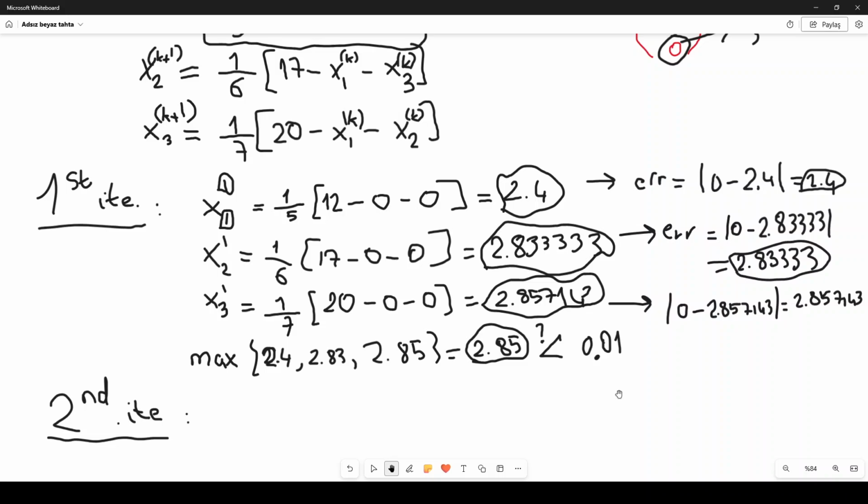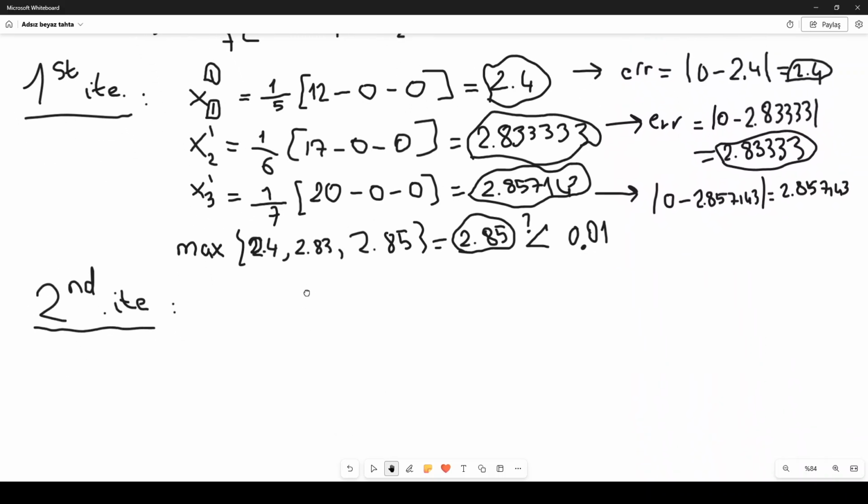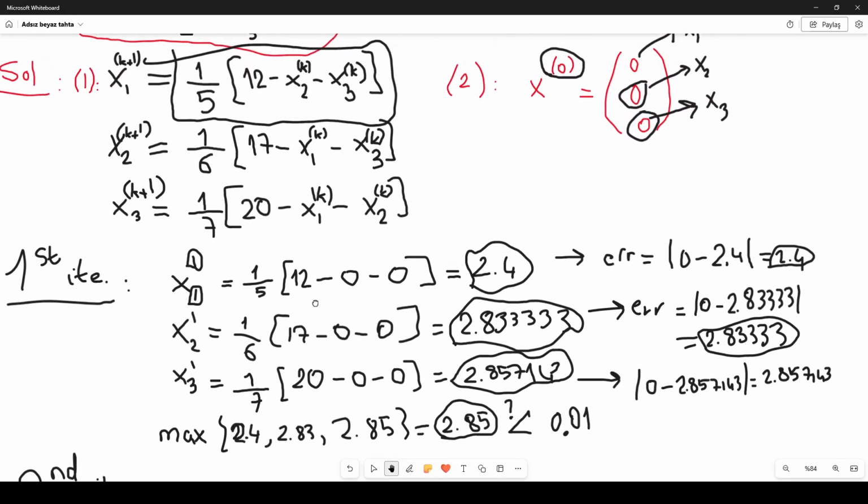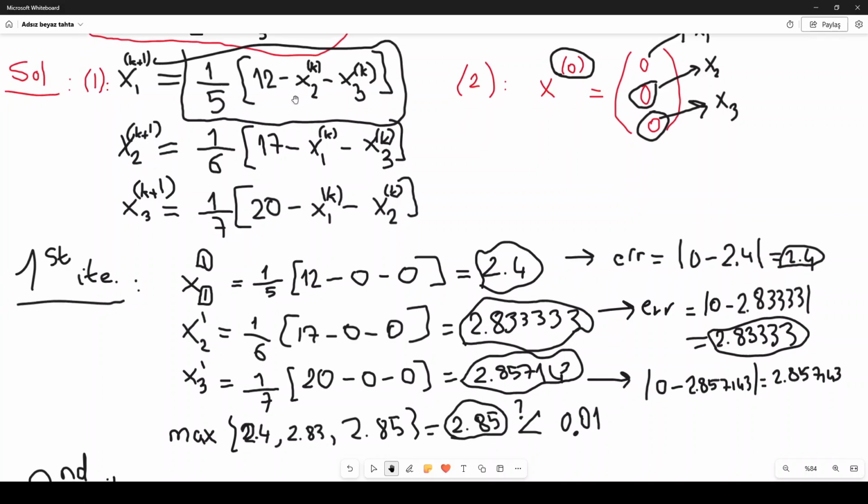Alright? And now, in the second iteration, what should I do? Well, the formula is the same, right? I will keep applying the same formula, but this time, in the beginning, we take k is equal to 0 because I took the initial guess and I found the values of the unknown variables in the first iteration.